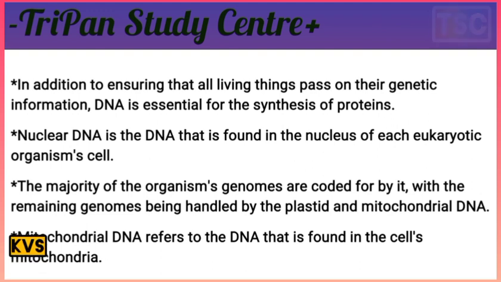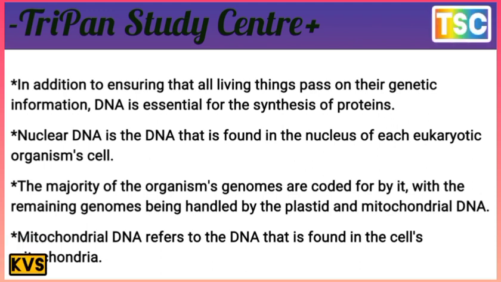Nuclear DNA is the DNA found in the nucleus of each eukaryotic organism's cells. The majority of an organism's genome is coded by it, with the remaining genome handled by plastid and mitochondrial DNA. Mitochondrial DNA is the DNA found in the cell's mitochondria.